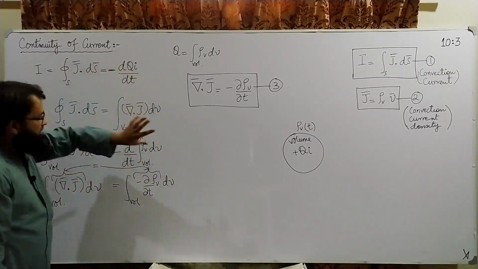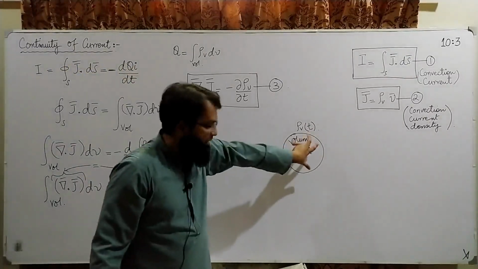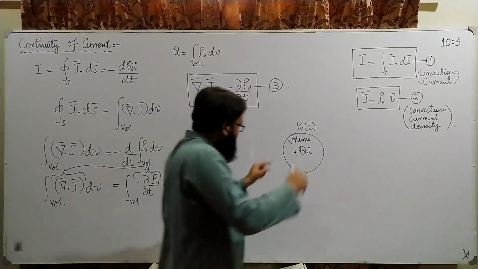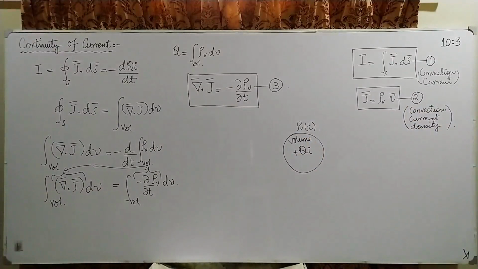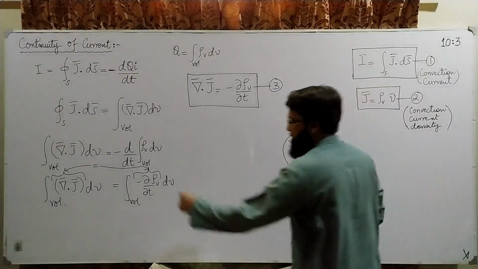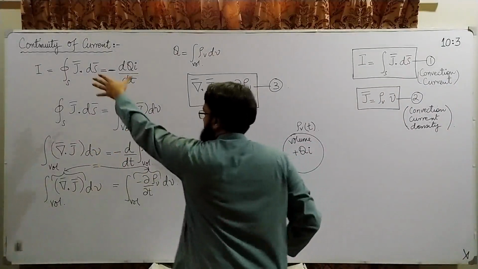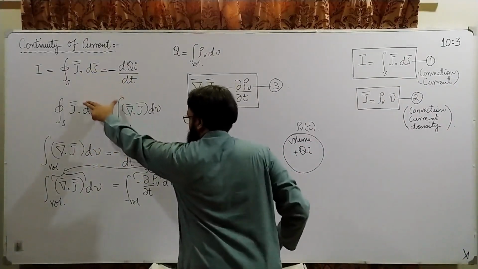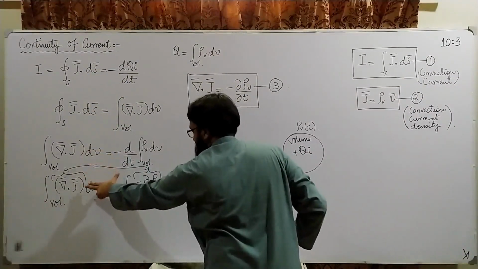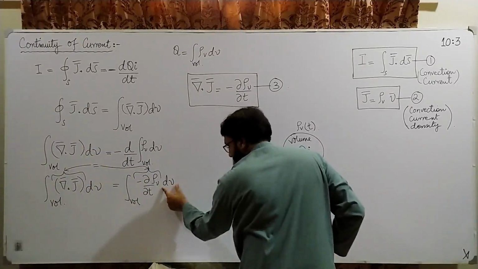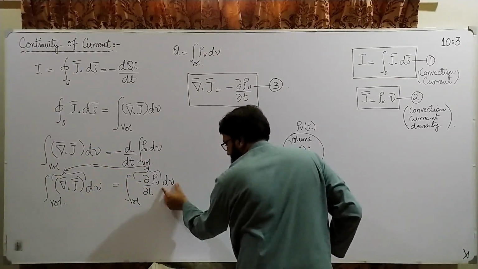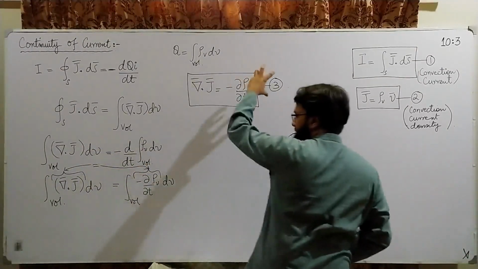This is something which is evaluated over a macroscopic level. But if I want to evaluate the same fact at the microscopic level at each point, what should I do? I should use equation number 3, because we have taken that macroscopic phenomenon, left the integral sign and the variable over which the integration has been performed, and taken the integrand only.